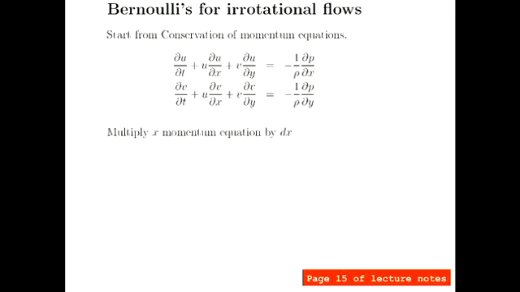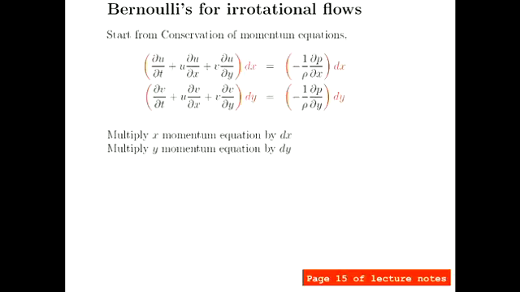In this case, what we do is we multiply that x momentum equation, which is the top one here, by dx, and we multiply the y momentum equation by dy, okay? Do you remember the sneaky trick for deriving Helmholtz's equation from momentum? Probably not, I guess, if you didn't remember Bernoulli's was only applied along a streamline.